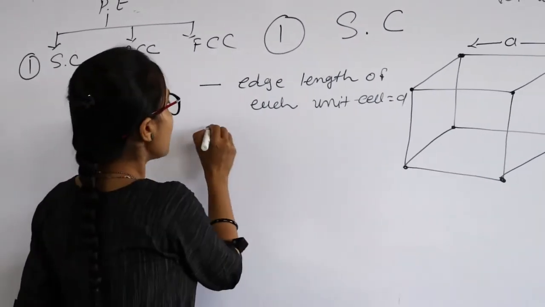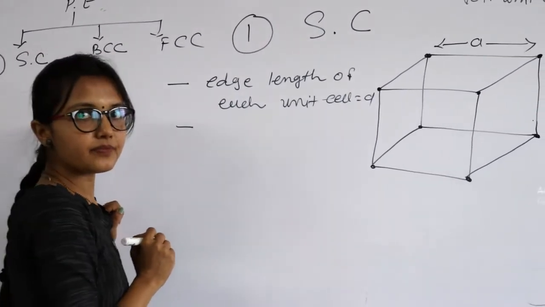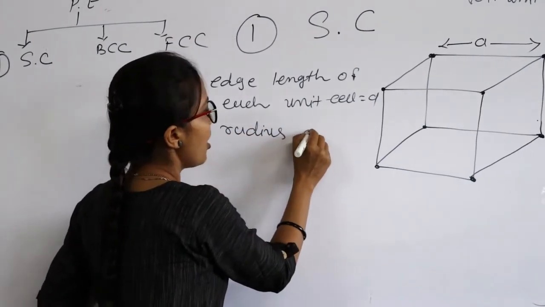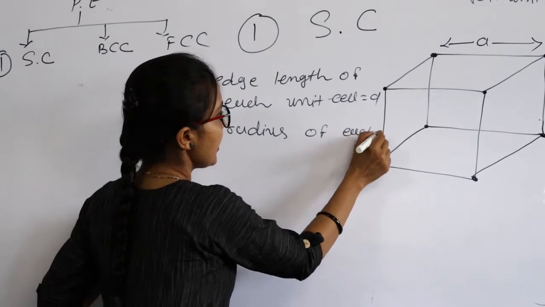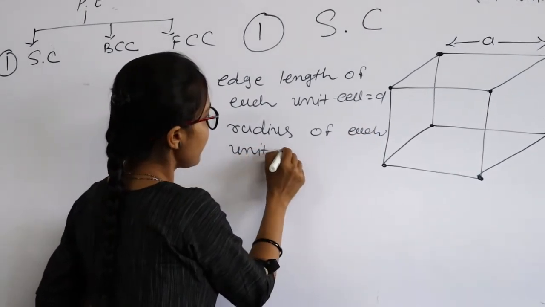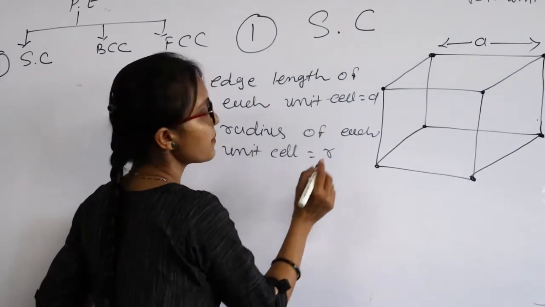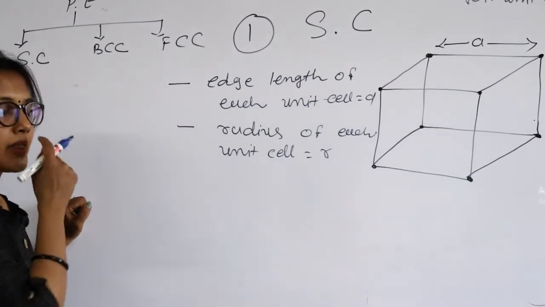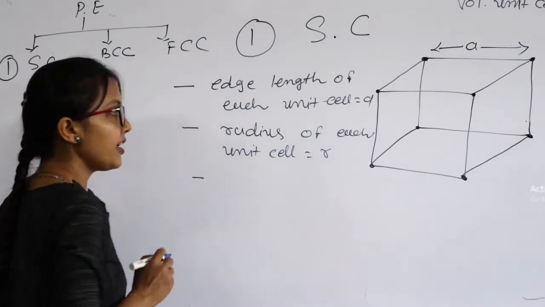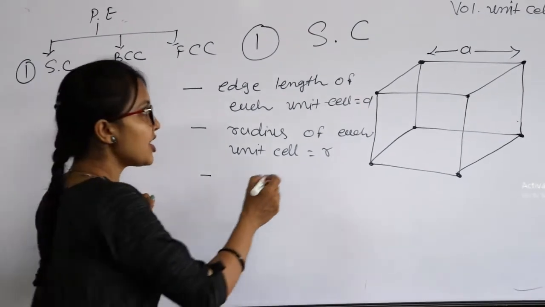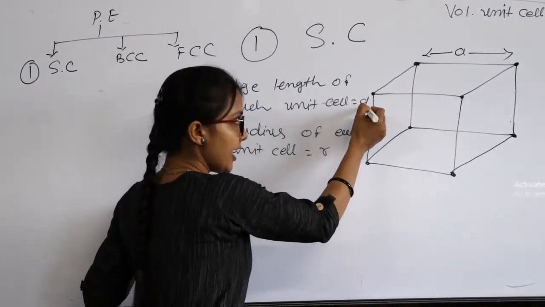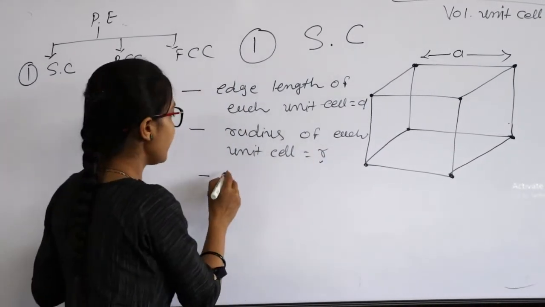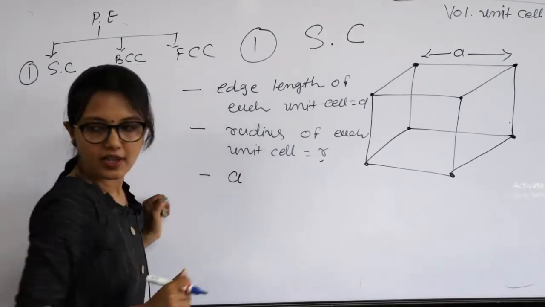Clear? Now the second point is the radius of each unit cell, denoted by small r. And the third point is the relationship between edge length a and radius r.